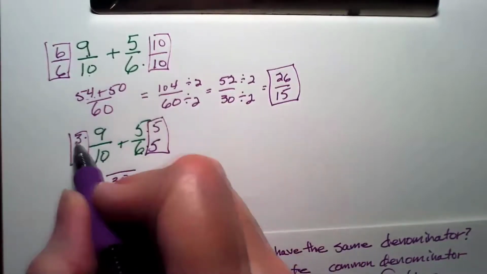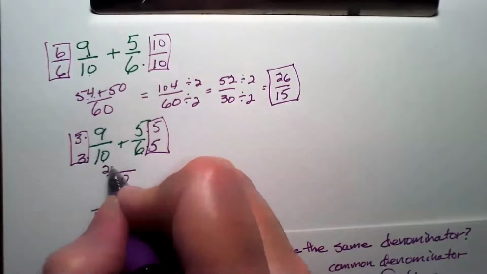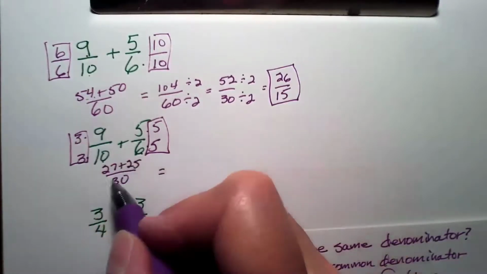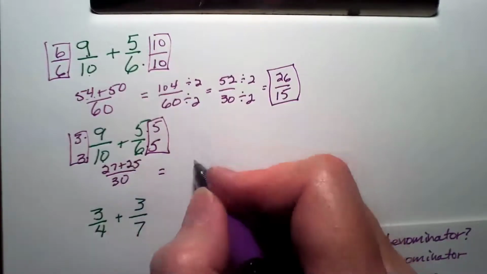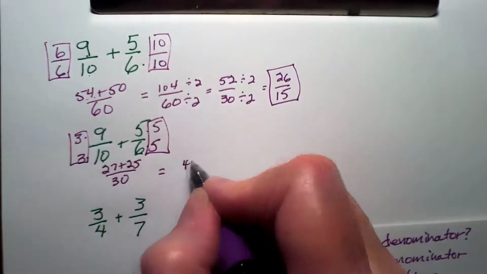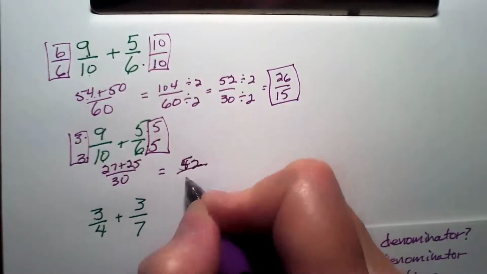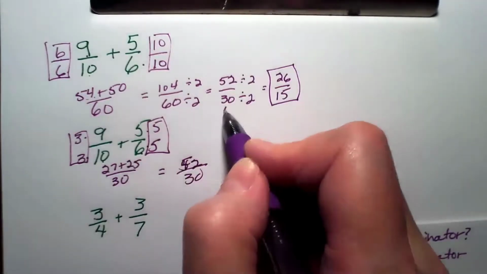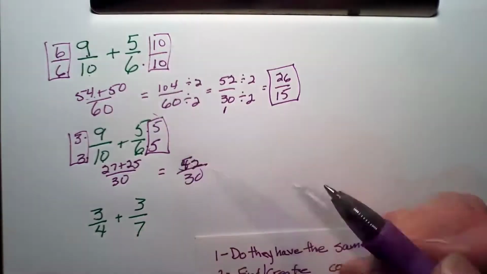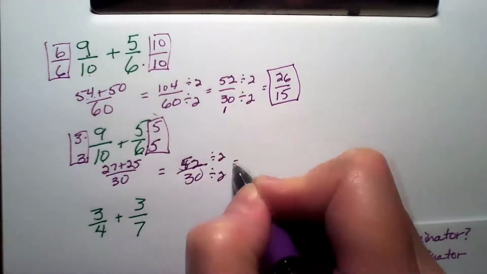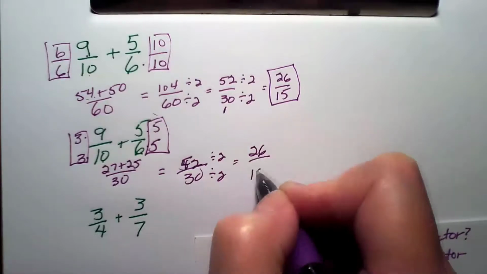So then I'd have 3 times 9 is 27, plus 5 times 5 is 25. And then that would add up to be 52 over 30. See, we're right here. So we skipped this whole step of reducing by doing that. We'd still have to reduce and get 26 over 15.